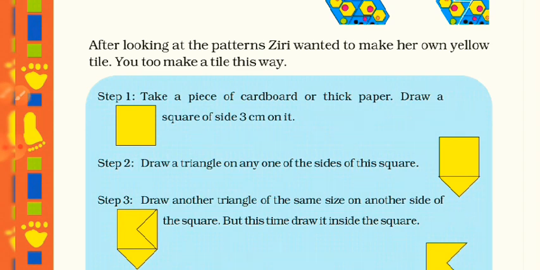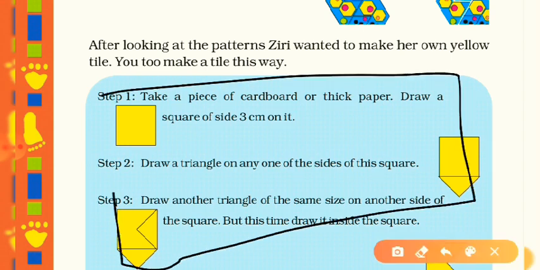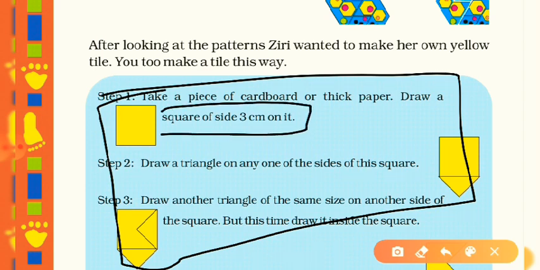Now in the next page, after looking at the patterns, Ziri wanted to make her own yellow tile. You make a tile this way. So here are some steps to make the yellow tile pattern by Ziri, and here you have to know the dimension of this square sheet. It is a square of side 3 centimeters. Okay, remember this length because you have to solve some questions in the next page.